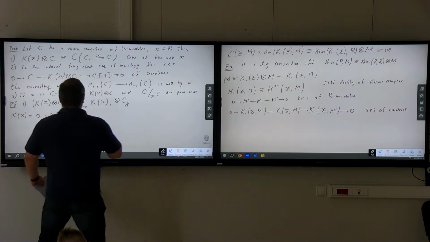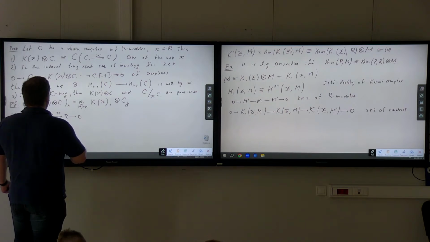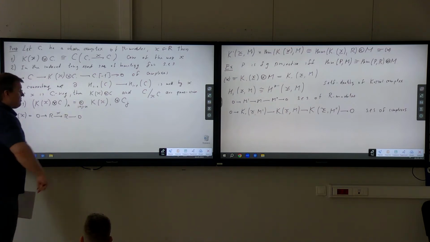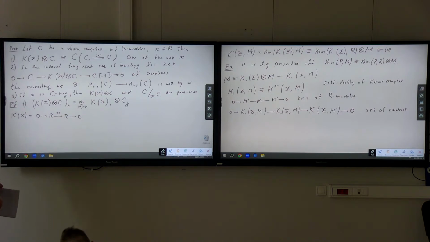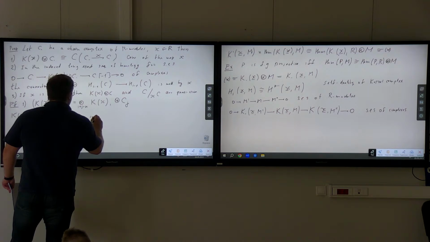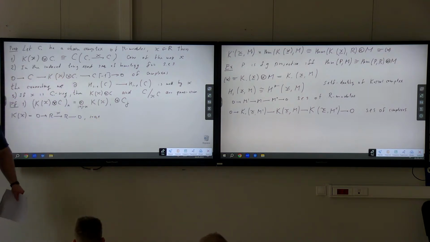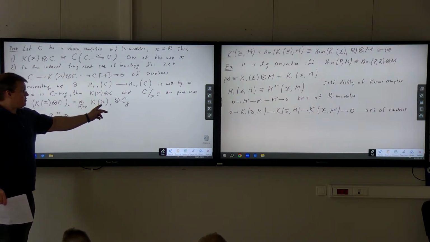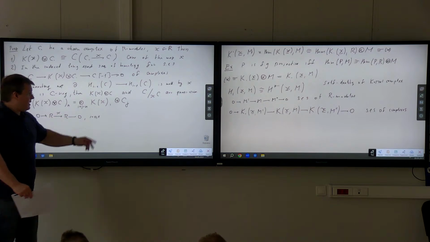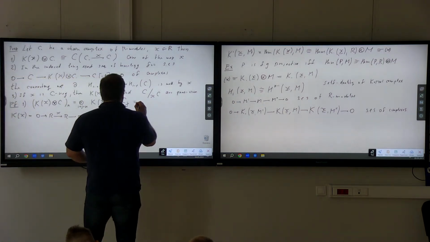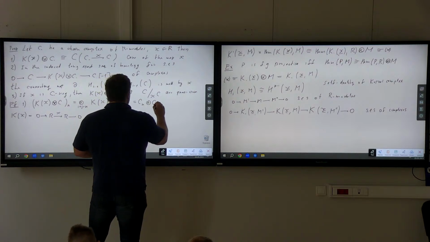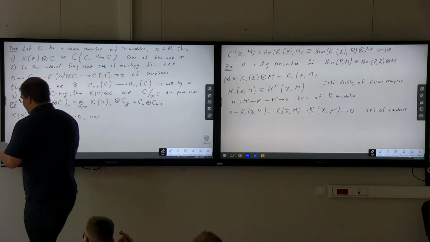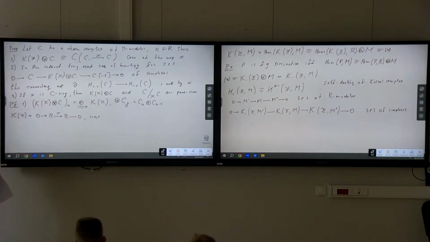So when we look at this sum over all i plus j equal to n, the possibilities for i are only 0 or 1. When i is 0 this is the ring, when i is 1 this is the ring. So essentially this whole sum is just Cn plus Cn minus 1, just as a graded thing.